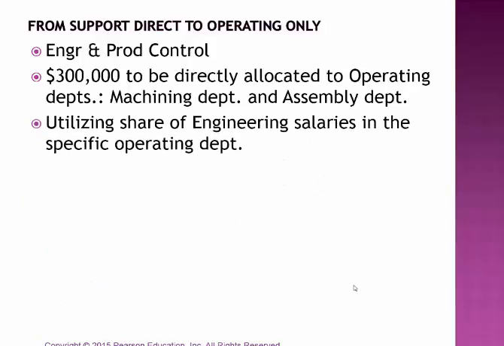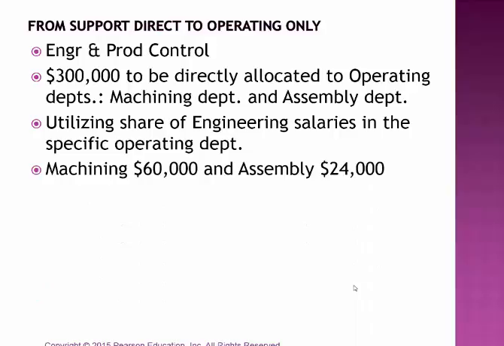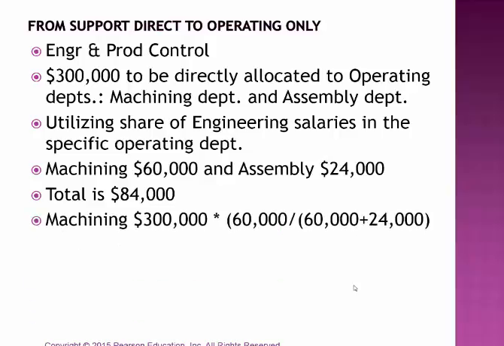Again, we are utilizing it based on the share of engineering salaries for this particular company. And machining has $60,000 worth, and assembly has $24,000 worth. We're ignoring what materials management has because we're doing the direct method. Alright, so 60 plus 24 equals $84,000.